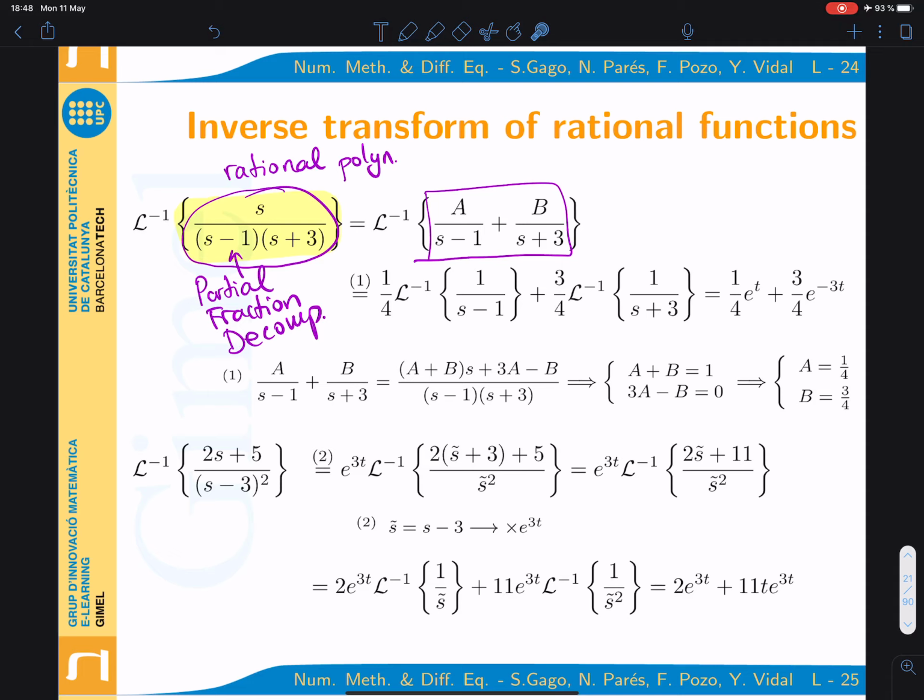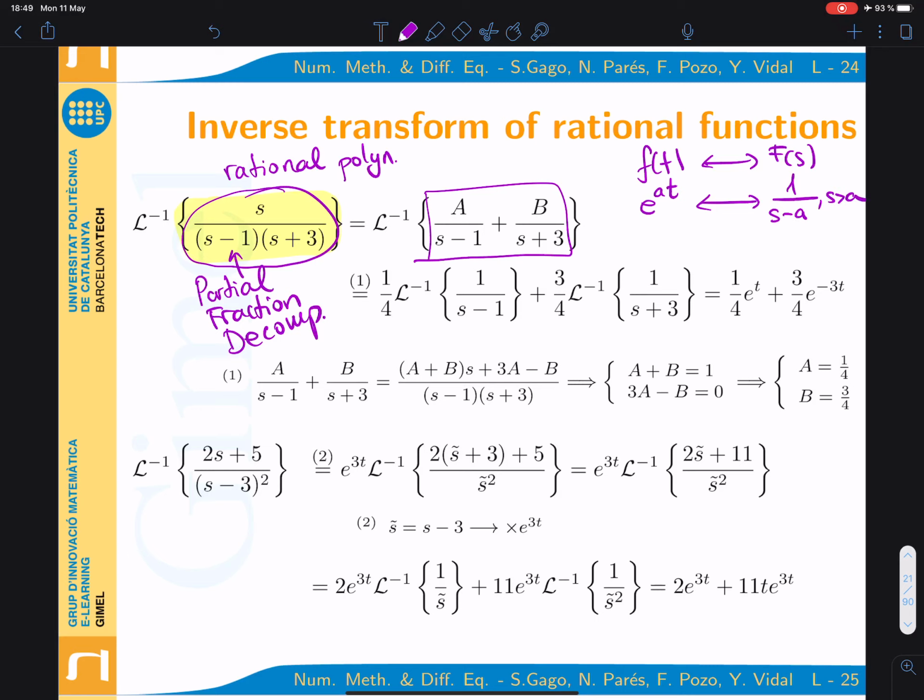And then, as the inverse Laplace transform is linear, this 1 over 4 can be written outside, and the 3 over 4 can be written outside of the inverse Laplace transform. And now you have to compute the inverse Laplace transform of things that already appear in the basic Laplace transform table. If you check it out, you will see that when you have the exponential of at, its Laplace transform is 1 over s minus a.